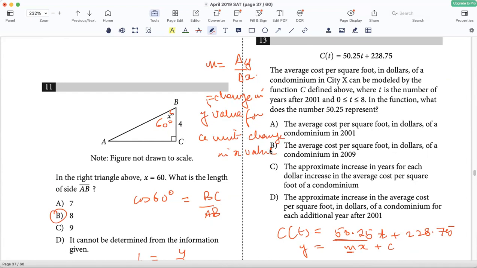So if T represents the number of years after 2001 and C represents the average cost per square foot, then 50.25 is the approximate increase in the average cost per square foot every year after 2001. So the approximate increase in the average cost per square foot of a condominium for each additional year, for each extra unit X value, is option D.